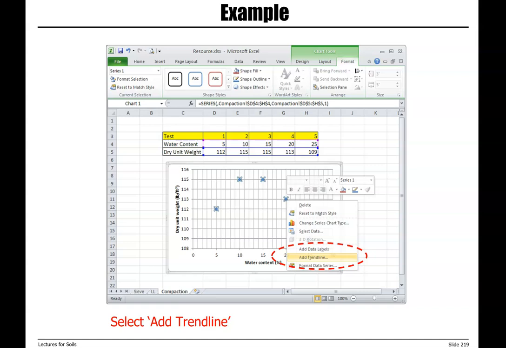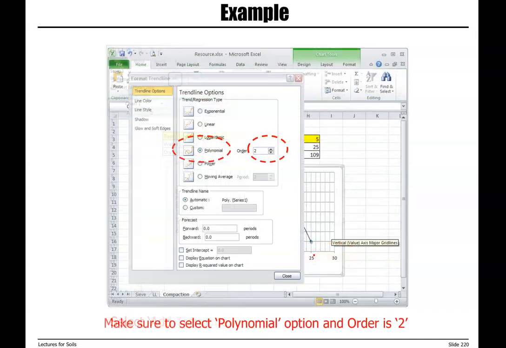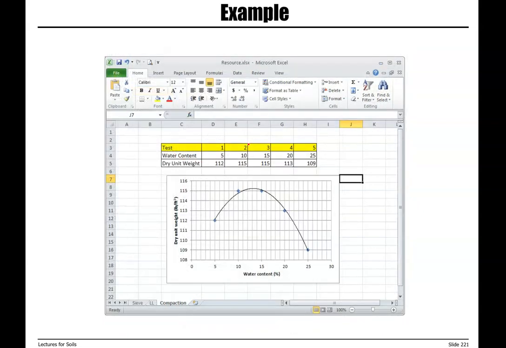Then you click on your chart and add trend line. Make sure that you select a polynomial. It needs to be a polynomial with the second order. And that's your chart.